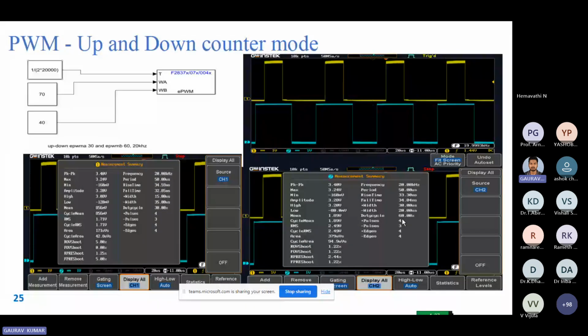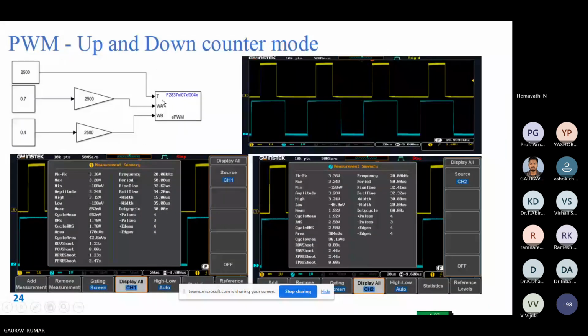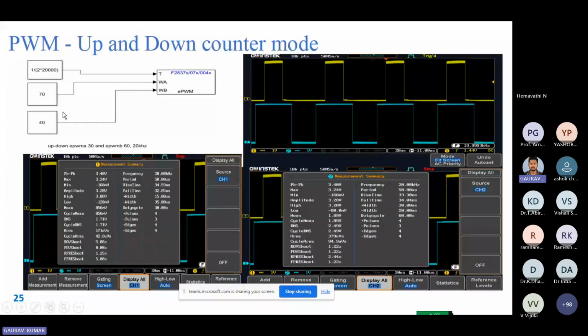This is the up and down counter mode. Previously, I have taken TBPRD value in clock cycles and compare values in clock cycles, so we have to go through some calculations. But if we go for seconds and percentages, then you don't have to go through the formula.